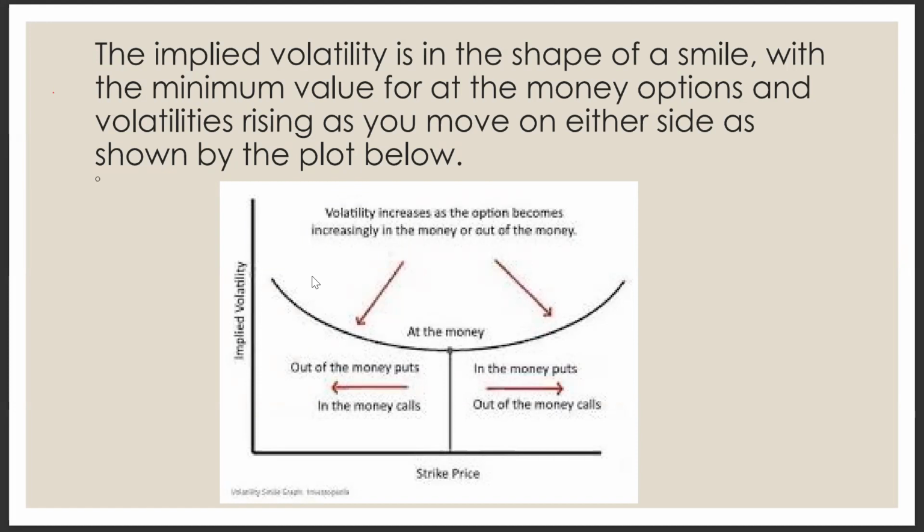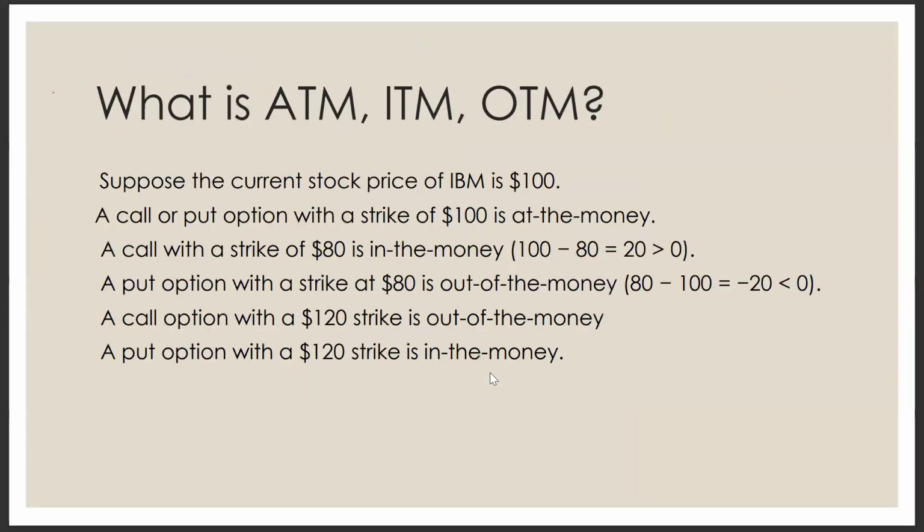It is a graph in the shape of a smile, and the minimum value is for the so-called at the money options, and volatility rises to the left and to the right as you move to the other side. Yes, in the money or out of the money for put, and out of the money or in the money for call options. And I need to explain to you what this means.